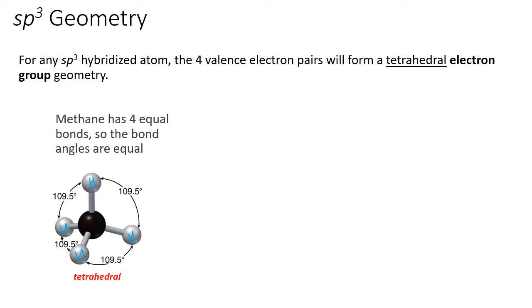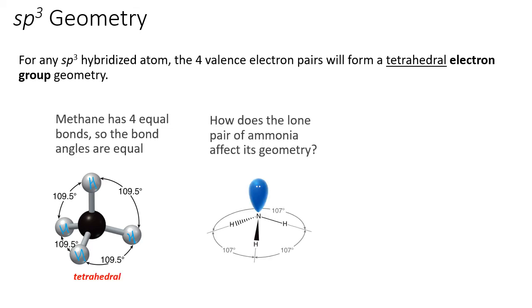Now, if we compare that tetrahedral shape to something like ammonia, which is NH3, the nitrogen central atom still has 4 equal energy sp3 hybrid orbitals on it. It's just that now one of those sp3 hybrid orbitals contains a lone pair of electrons.